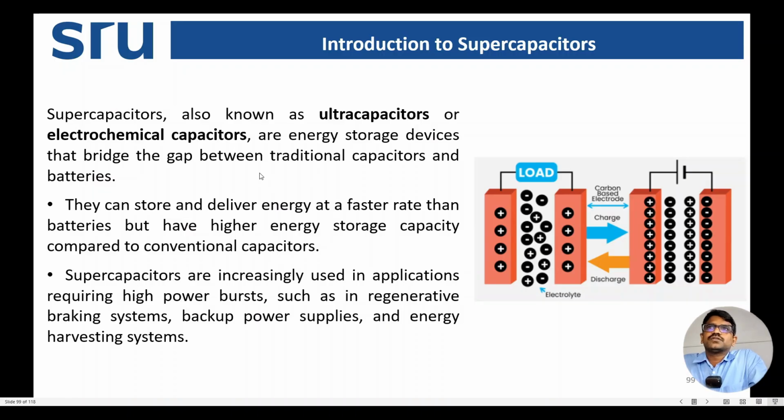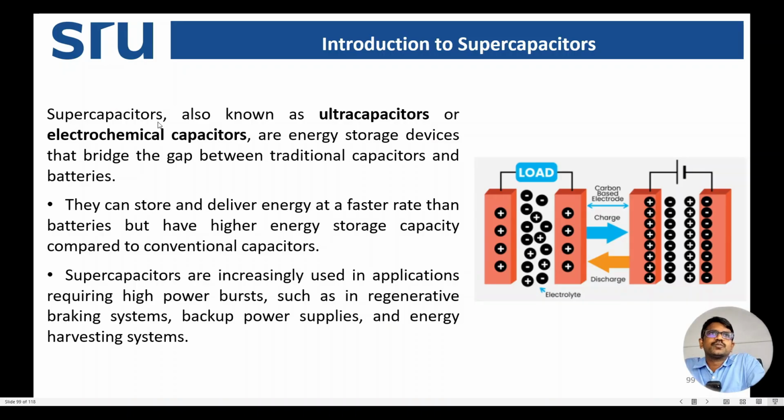This is a schematic picture of a supercapacitor: electrolyte, charge, discharge, and carbon based electrodes, one of which is the cathode and one the anode. Now we will see some important points related to supercapacitors.